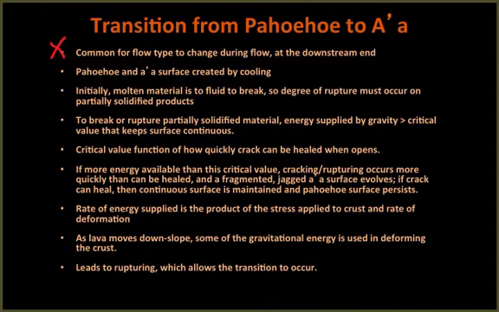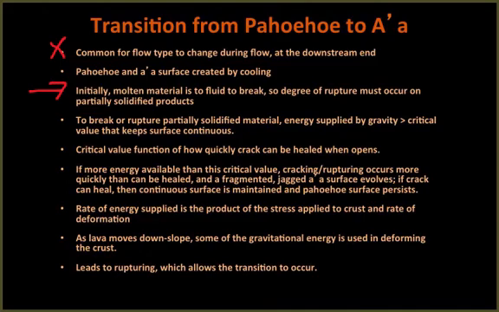So the pahoehoe and a'a surfaces are created from cooling, so the lava is crystallizing. And initially, the molten material is pretty fluid, and it's not breaking. It's just flowing in a more fluid-like fashion.